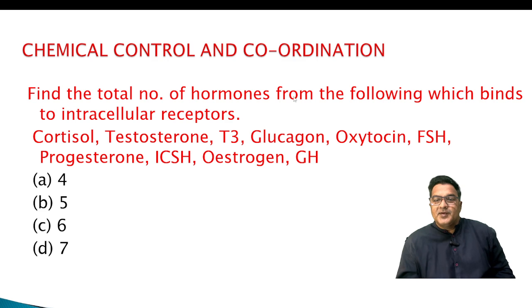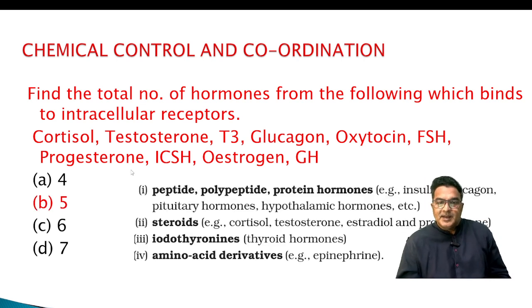Find the total number of hormones from the following which bind to intracellular receptors. That means they are asking about steroid hormones which can go inside, isn't it? Let's take steroid hormones: cortisol, testosterone, estradiol, and progesterone.